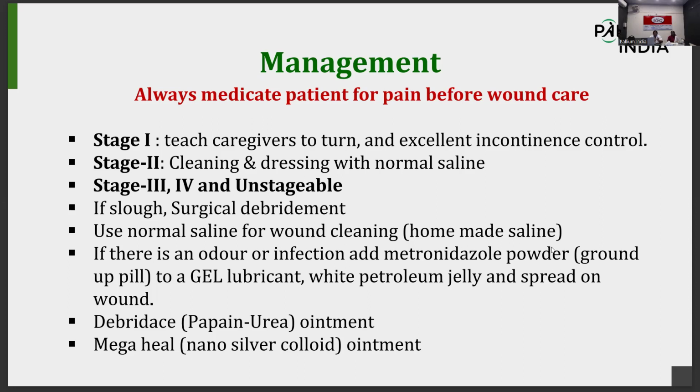Next one is Debrides, which is papain urea ointment. It also helps to soften or manually remove the slough. The next one is Mega Heal dressing. It's a nano silver colloidal silver ointment. It helps wound healing.